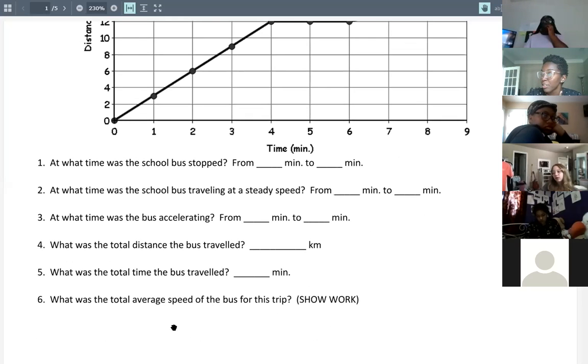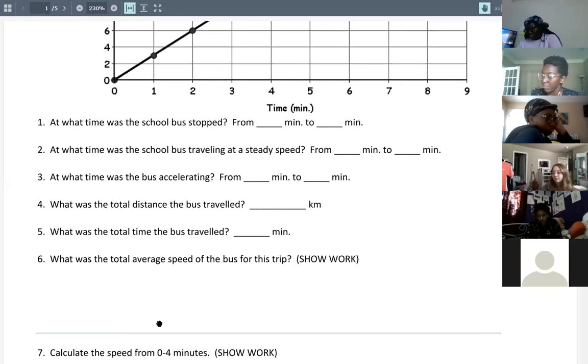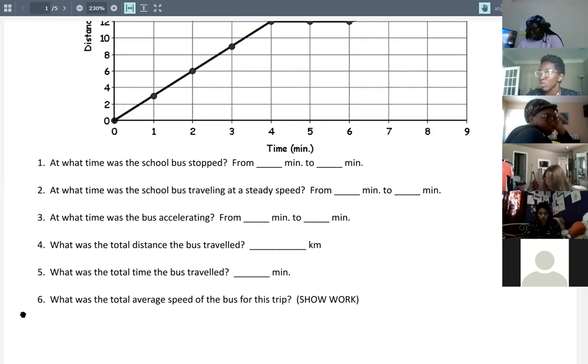So here, when we say average speed, let me switch this to my iPad for a second so you can see it.